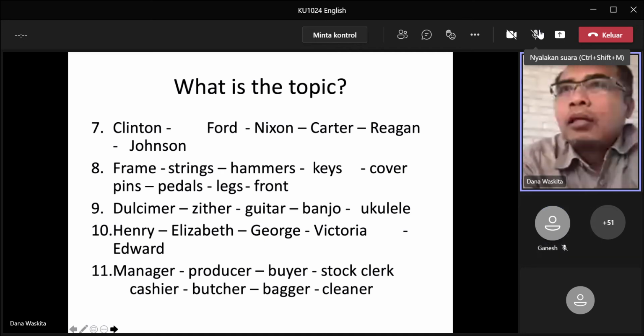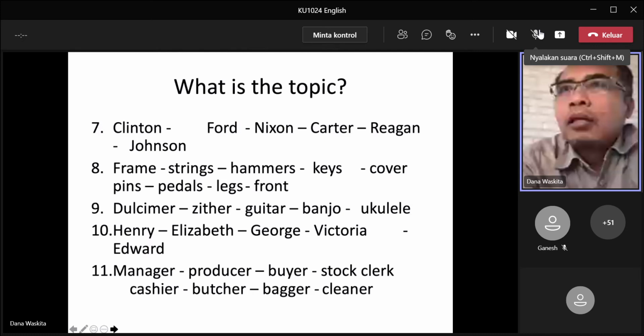Be the former U.S. president, right? If you say only U.S. presidents, maybe it does not cover the ongoing president now. So you can be more specific, and the topic is not too general. If you say U.S. presidents, maybe it's too general for this one.